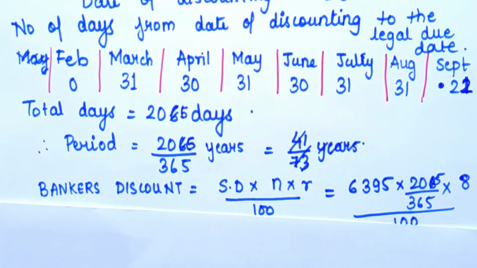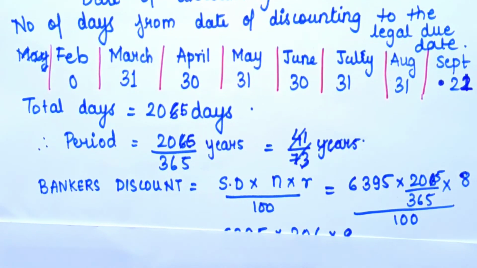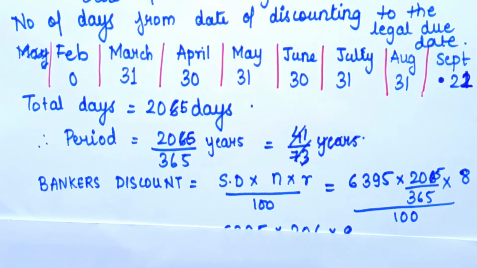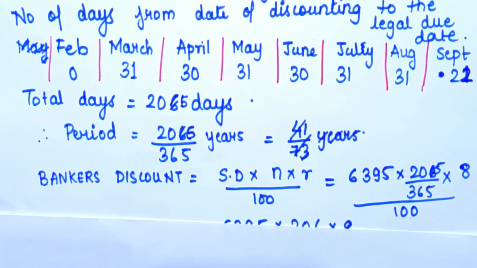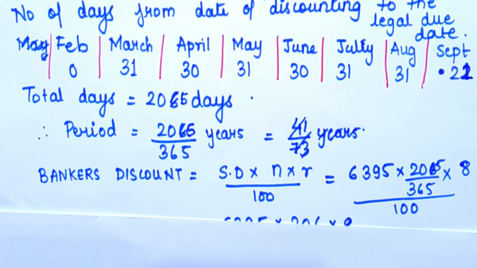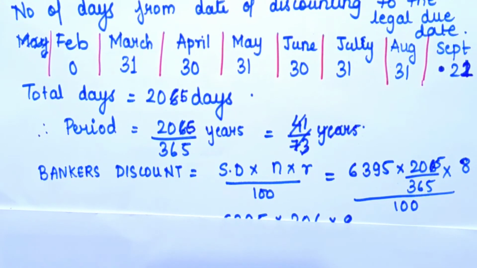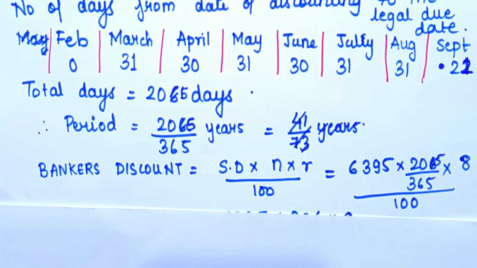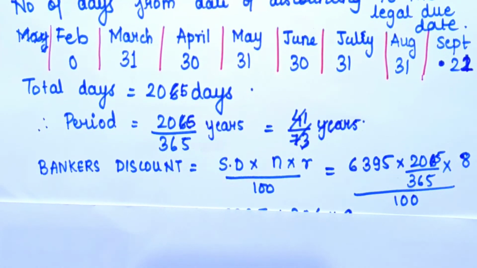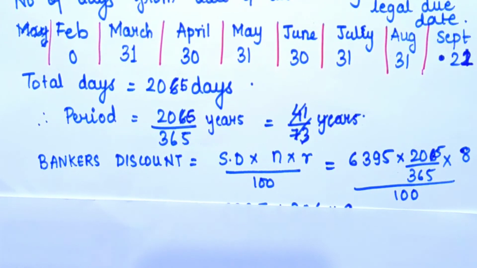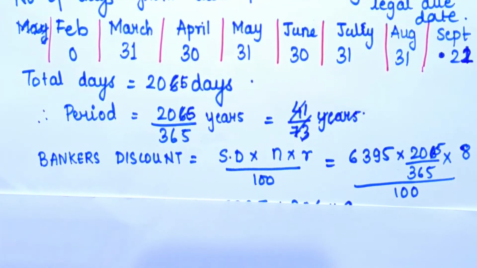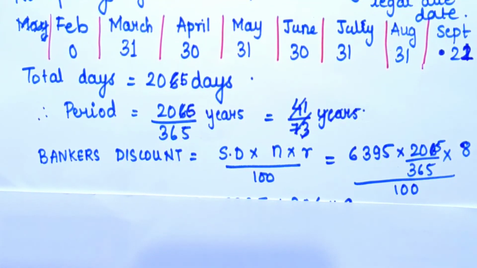Now we put all these values in the formula of banker's discount. In banker's discount, we calculate it on the sum due. The sum due, or the face value, is already given to you as 6,395, into, instead of period, you will write 206 upon 365.